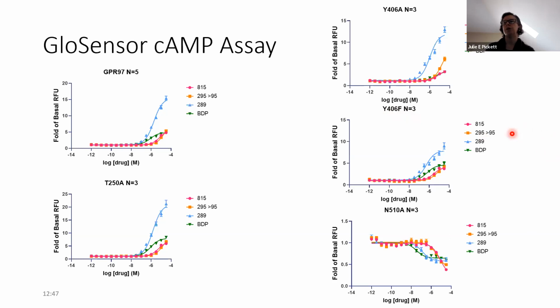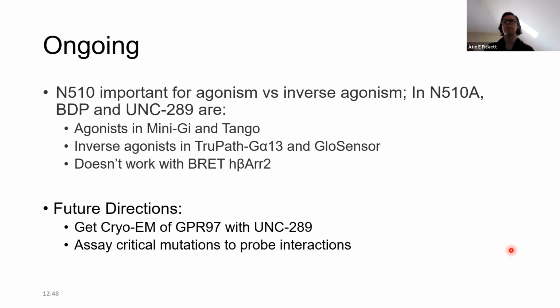Interestingly, when the asparagine 510 was modified to an alanine, all of these compounds suddenly became inverse agonists. It's not unheard of. This asparagine is known to be able to impact agonism versus inverse agonism, but it was an outcome we weren't really expecting. So right now, the standing is that with this N510A mutation, our compounds are agonists in the mini-G_i assay and the Tango assay.